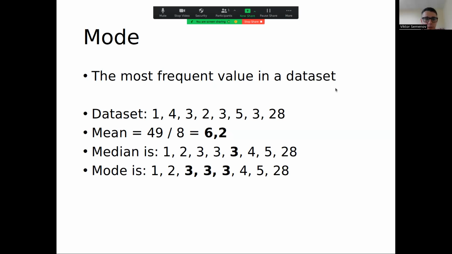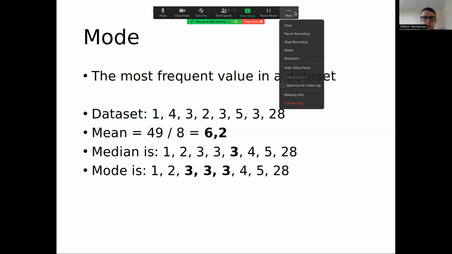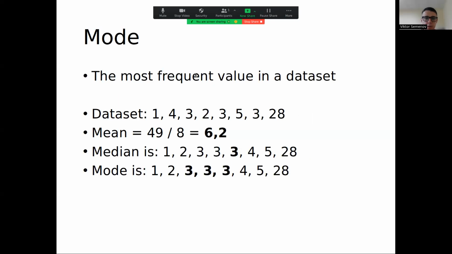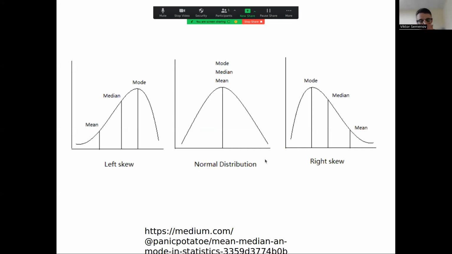Mode can also be useful in case of distorted data. So once again, you can see that the mean has become very sensitive to the presence of an outlier, and median and mode have remained the same. So they are more beneficial in case of skewed distribution of data.